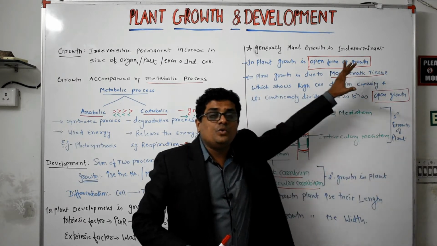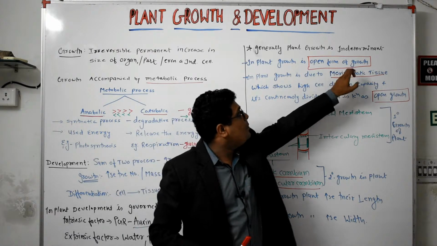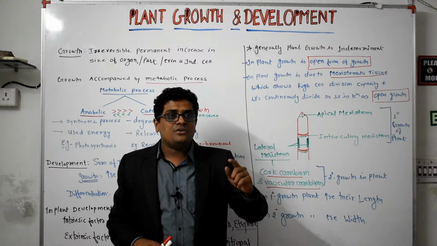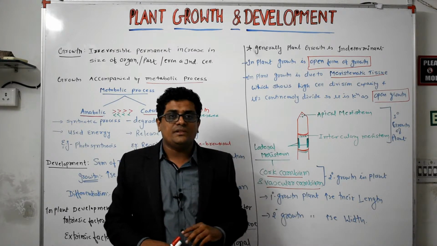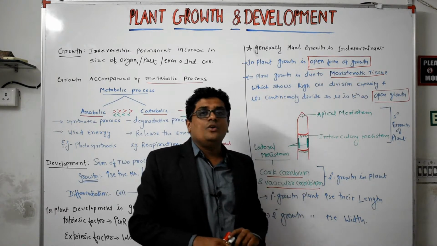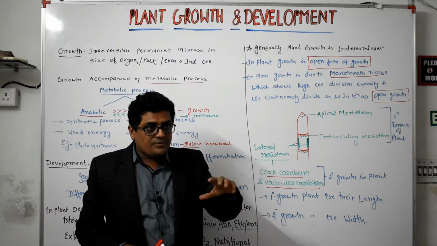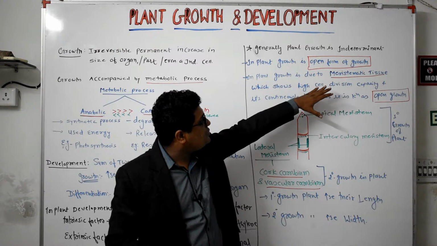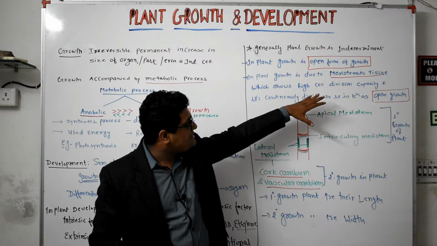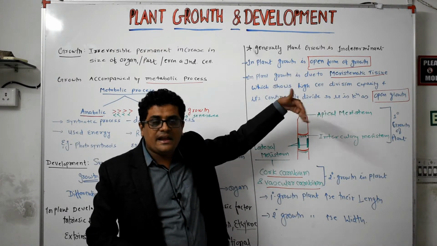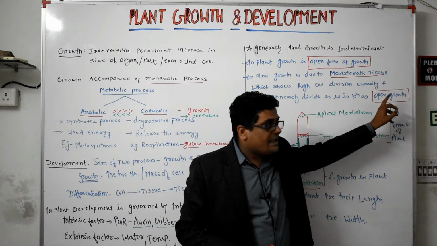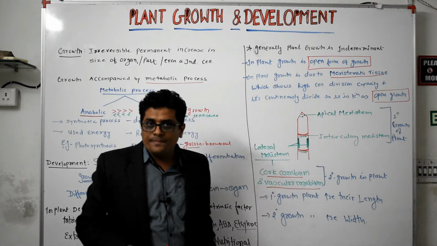Okay, in plants the growth is indeterminate and the open form of growth. Why is it indeterminate and open? Because in plants the growth is continuous. In plants, for growth, there is meristematic tissue with high cell division capacity. The cells continuously divide and add new cells, and it shows growth throughout life. That's why it is called the open form of growth.